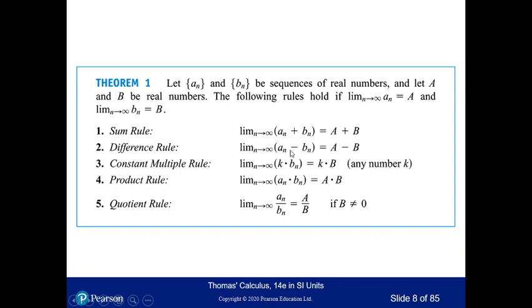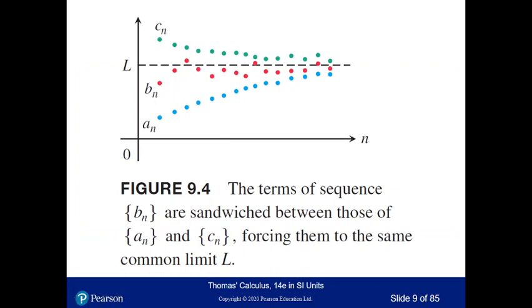The limit of the differences is the difference of the limits. The limit of k times the sequence is k times the limit of the sequence. The limit of a_n times b_n is the product of the limits. The limit of the ratio of the sequences is the ratio of the limits, as long as b is not zero.